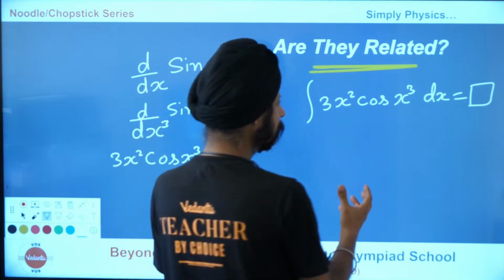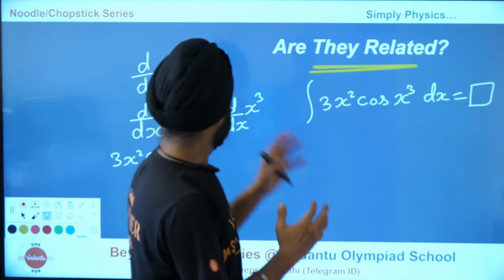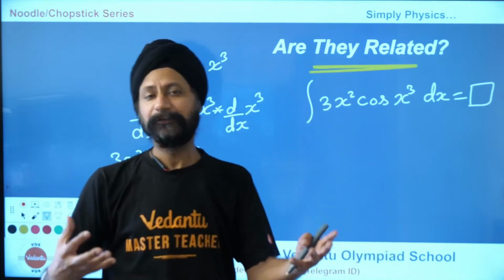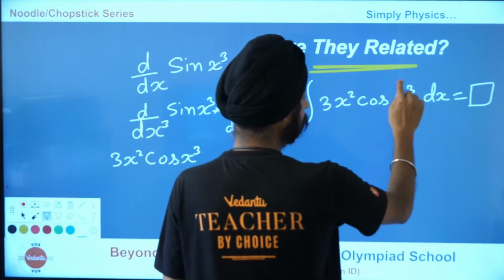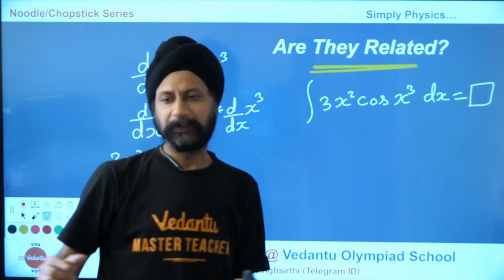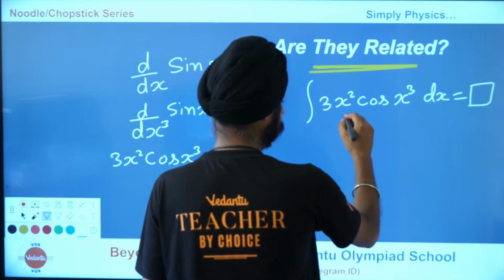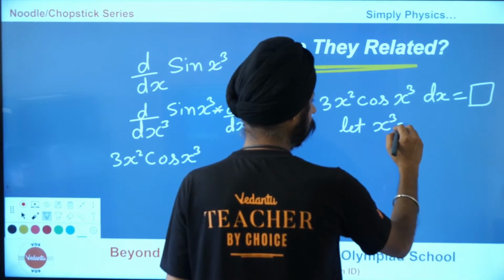So how do we start? Let's say we go by the substitution method. The answer is this, we know that, but we are just trying to see how the substitution method is actually the inverse of the chain rule here. So we see this is x cubed, and we see the derivative of x cubed is 3x squared right over here. So you can say, okay, let this x cubed thing be u.